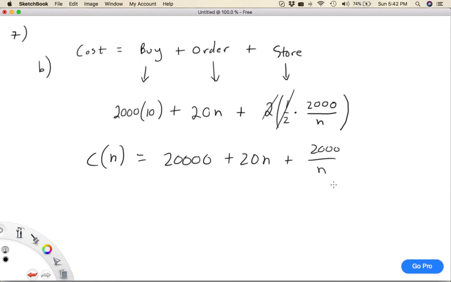And I believe my logic is good there. So that's going to be part C. I don't know why I have a B here. It should be part C.